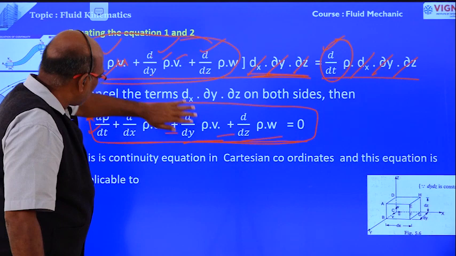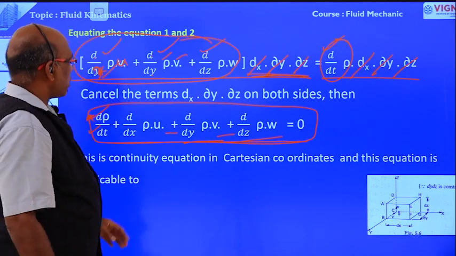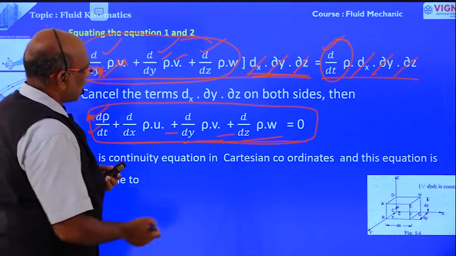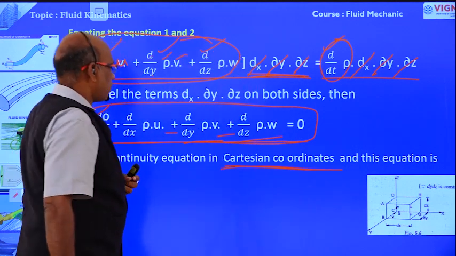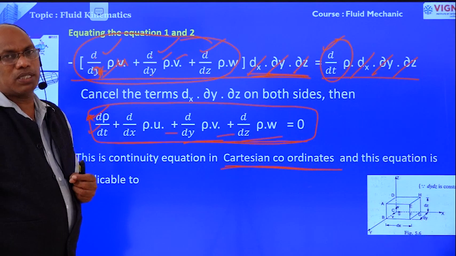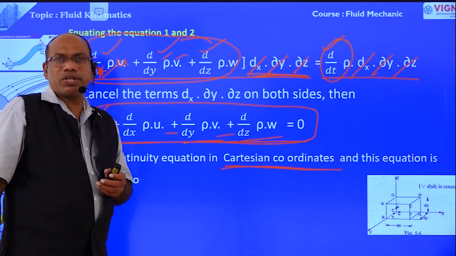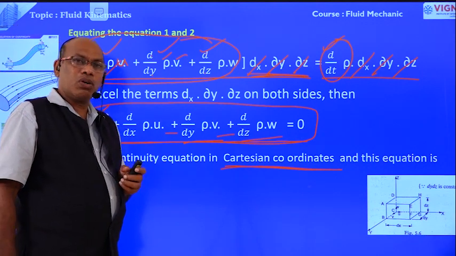This is the continuity equation in three-dimensional flow. This is also known as the continuity equation in Cartesian coordinates.